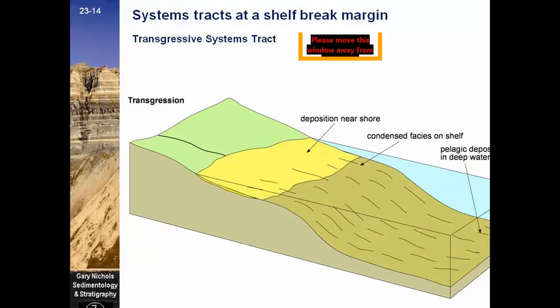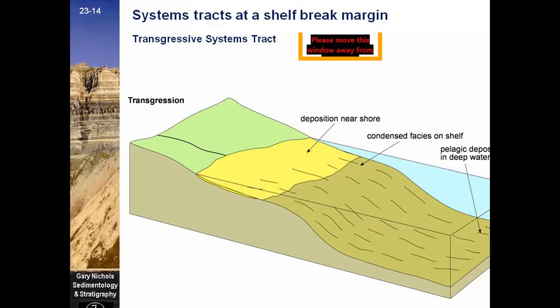Now again, the transgressive system tract, when the sea level gradually rises, creating some more space to accommodate the sediments. As a result, we will get phases of shallower water followed by deep water phases.